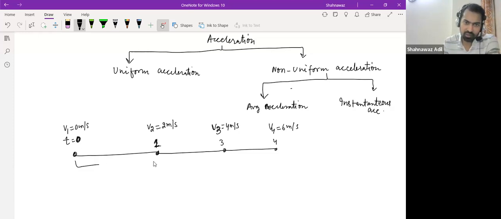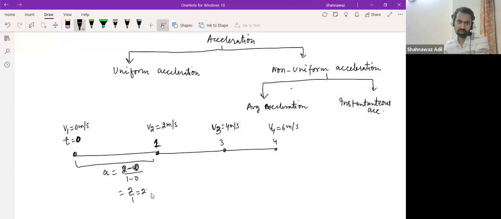In this first journey, what is the acceleration, guys? It is v minus u by t2 minus t1, that is 2 minus 0 by 1 minus 0, so 2 by 1, which is 2 meter per second square. This is A1.